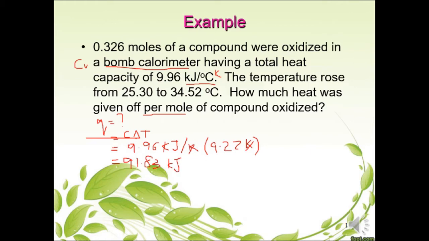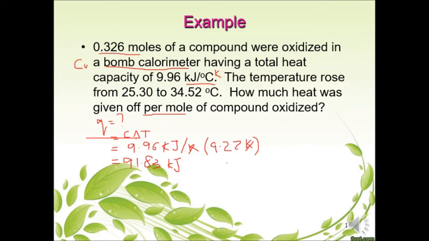Now go back to the question. How much heat was given off per mole? So we need to find this in the unit of kilojoule per mole. So what should we do with this value? Because this is referring to this much that reacted or oxidized.